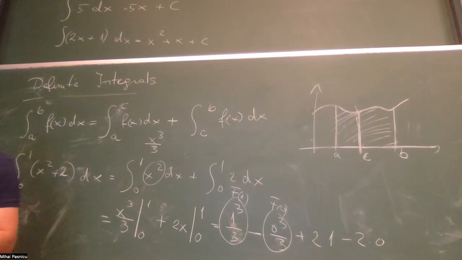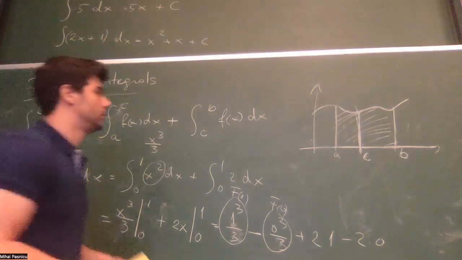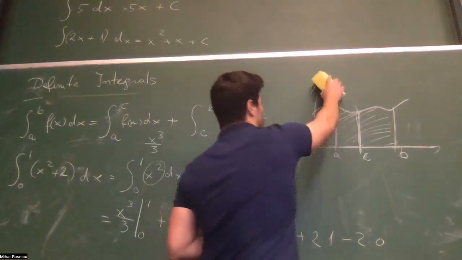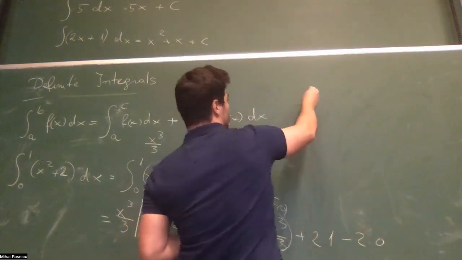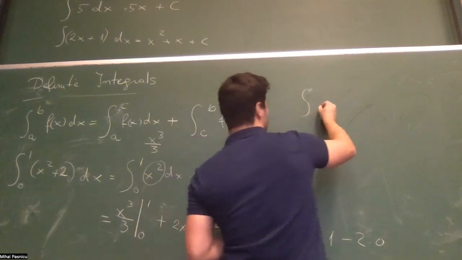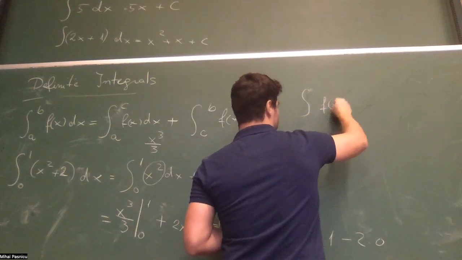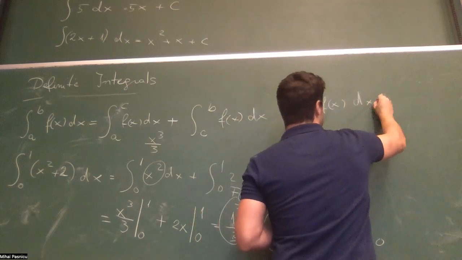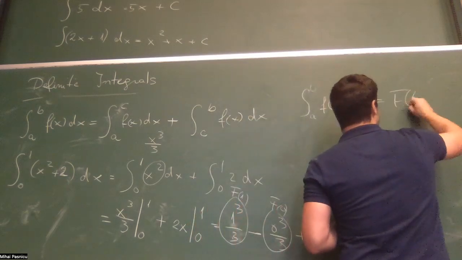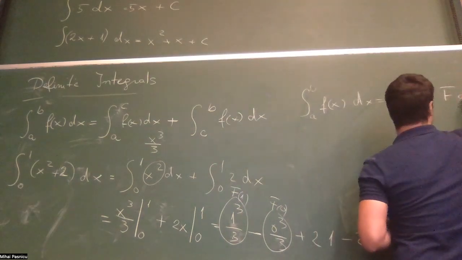Student: Can you explain again the notation of just the line? Yeah, sure. I'm a little bit confused what exactly I can explain, but when you have integral of f of x from a to b dx, I said and I stand by that, it's f of b minus f of a.